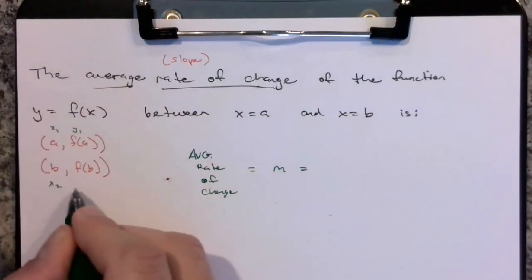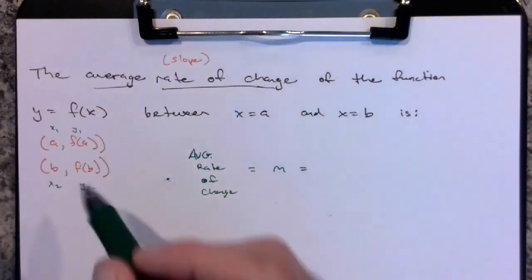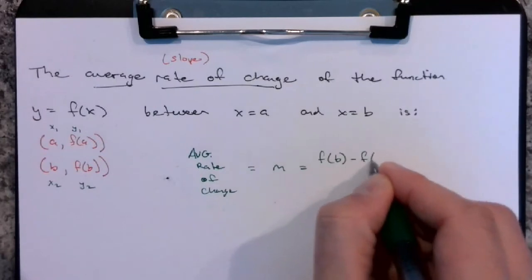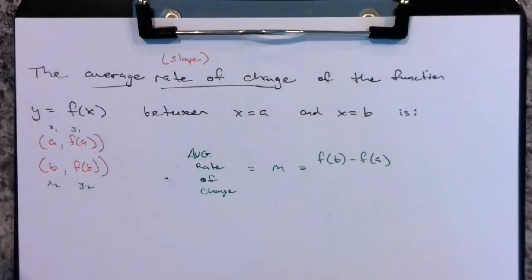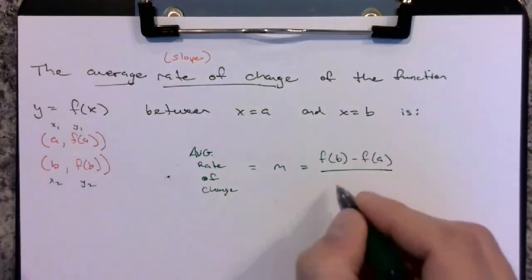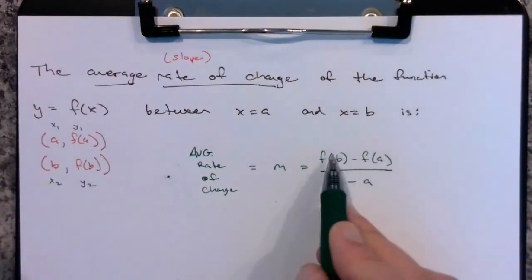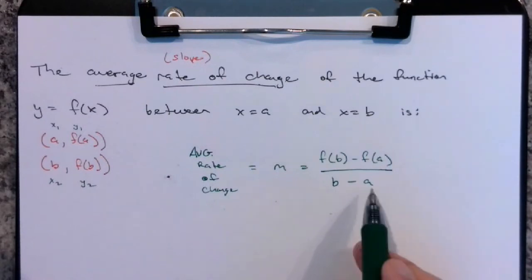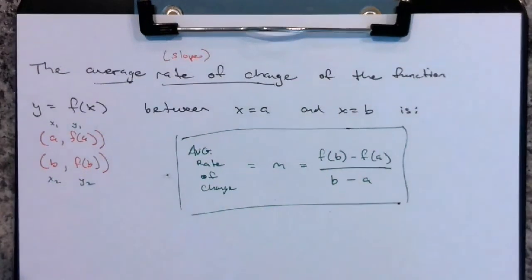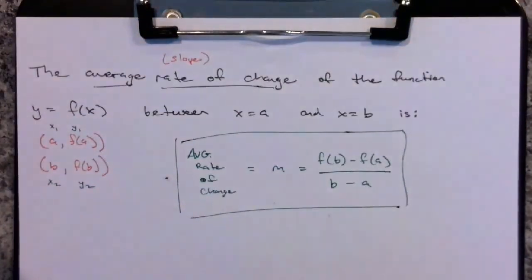I'll call this one down here x2, y2. So if I'm doing y2 minus y1, I'm really saying f of b minus f of a over x2 minus x1 would be b minus a, right? So the average rate of change is the slope. It's a change in y over change in x. You just have to come up with the points in terms of the function, but it works the same way.